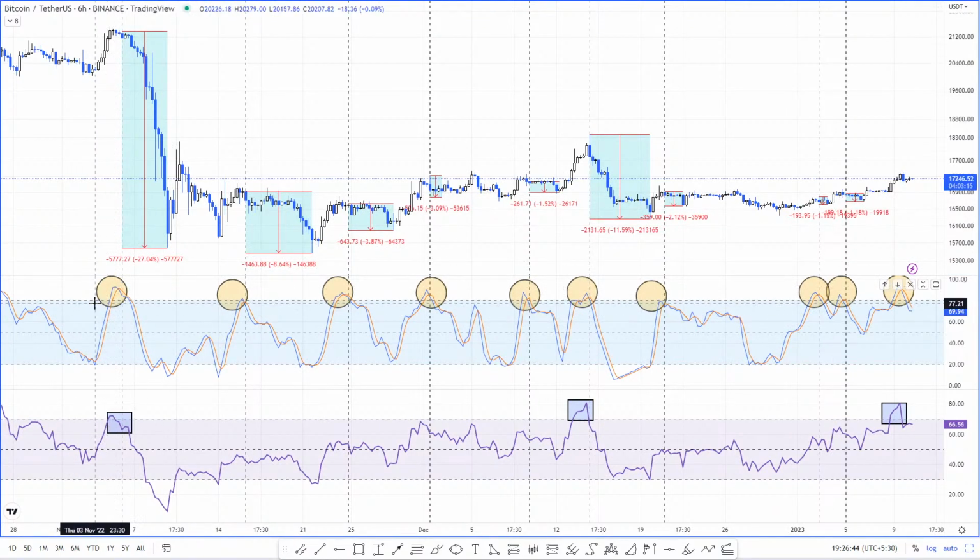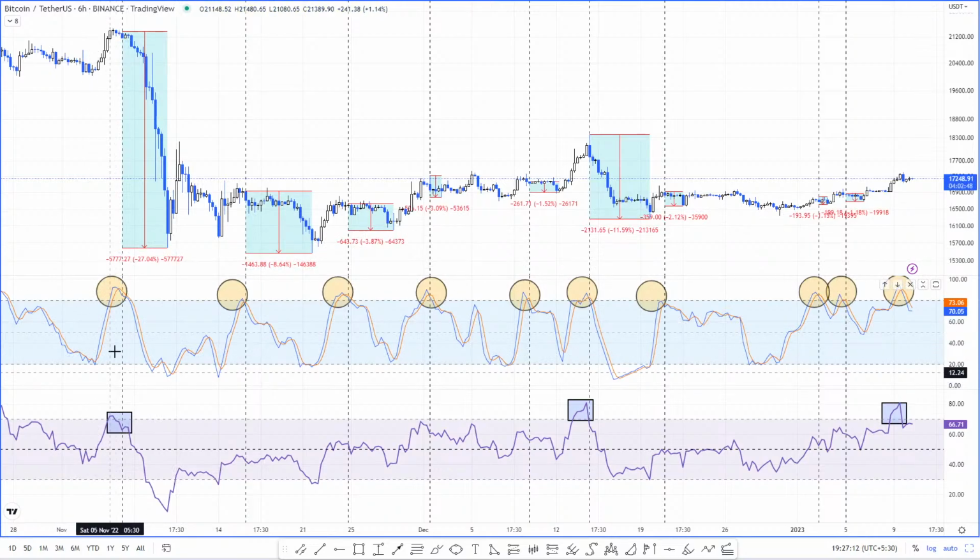If the stochastic goes above the overbought zone and produces a bearish crossover, the chances of a retracement are pretty high. That's happened 1, 2, 3, 4, 5, 6, 7, 8, 9 times so far, and the 10th one is currently in play. The only difference is that if the RSI is above overbought when this bearish crossover happens in the stochastic RSI, the magnitude of the correction is way more.